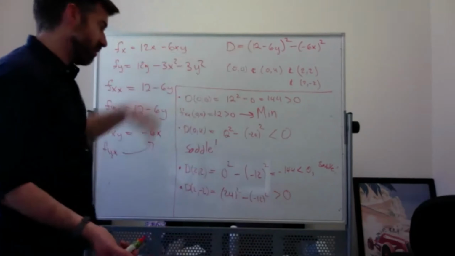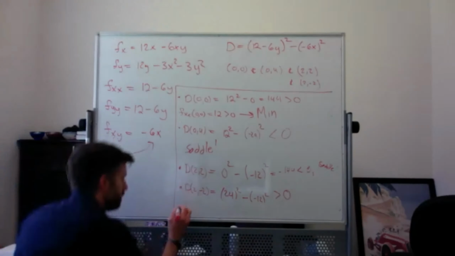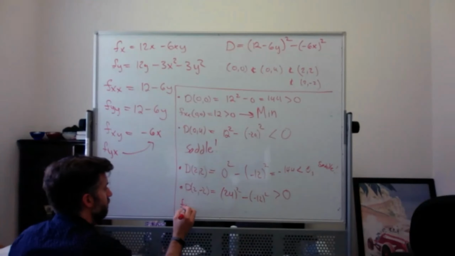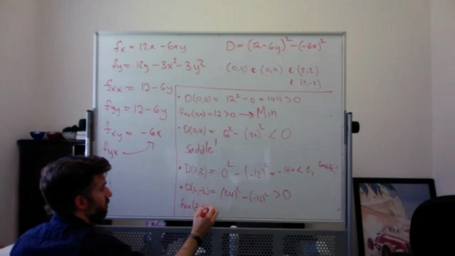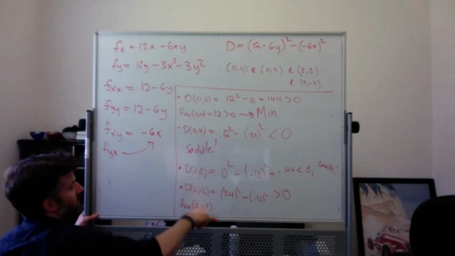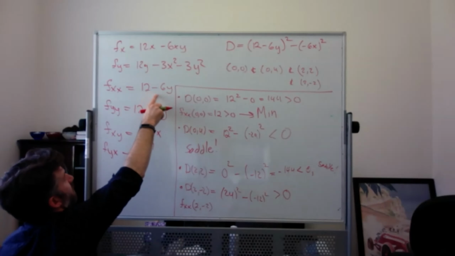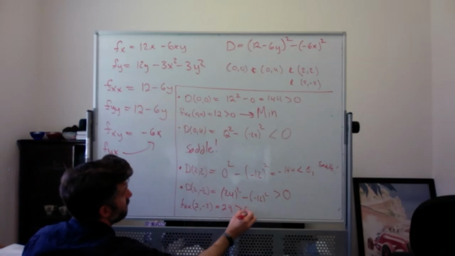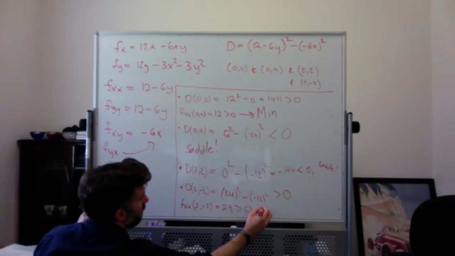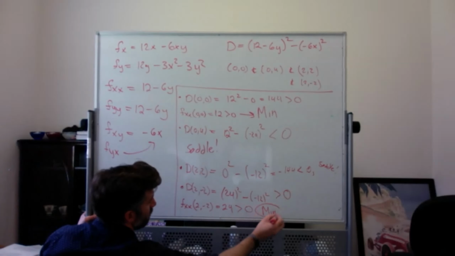So then I have to check one of the second partials. I'm going to check fxx again, evaluated at the point (2, negative 2). Well, if I plug in negative 2 for y, it's 12 plus 12, which is 24, which is positive, which means I have a minimum again.